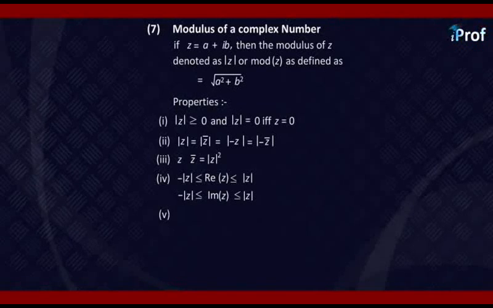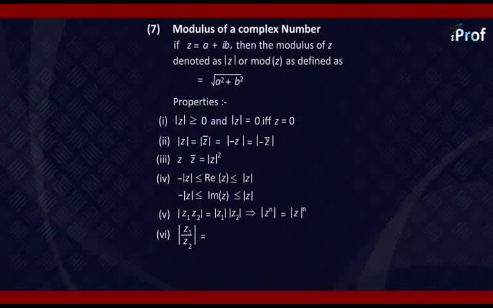Next result is modulus of z1 into z2 is equal to modulus of z1 into modulus of z2, which implies modulus of z raised to power n is equal to modulus of z whole raised to power n. Also, modulus of z1 by z2 is equal to modulus of z1 divided by modulus of z2.